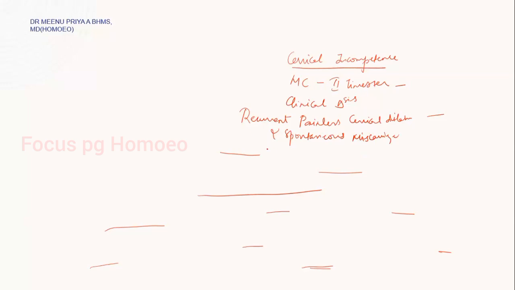How do we know this? Hegar's dilator is used, and when numbers 6 and 8 are used, they pass beyond. It usually doesn't pass beyond the internal os, but in cervical incompetence, it passes beyond the internal os. So this is important: which dilator passes beyond the internal os? Hegar's 6 and 8 pass, and that is one confirmatory sign that the cervix is dilated and there is incompetency of the cervix.